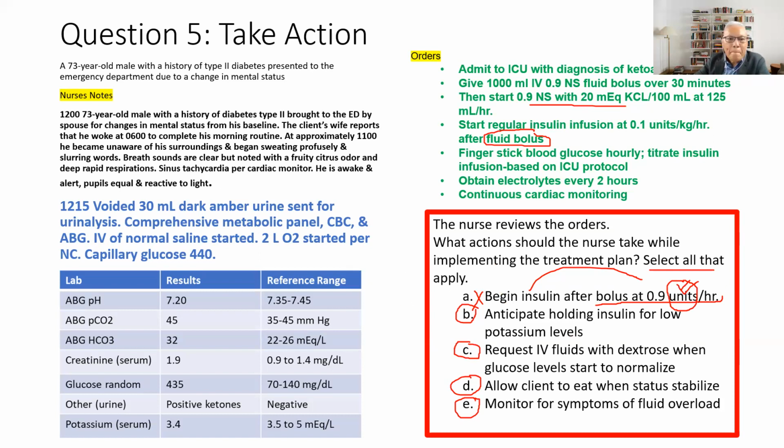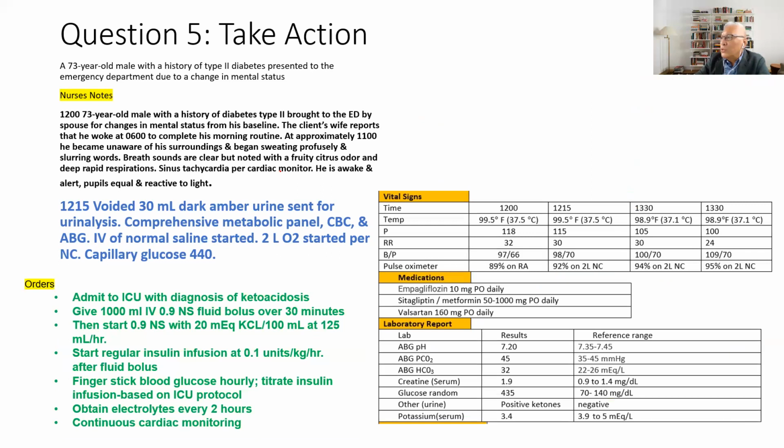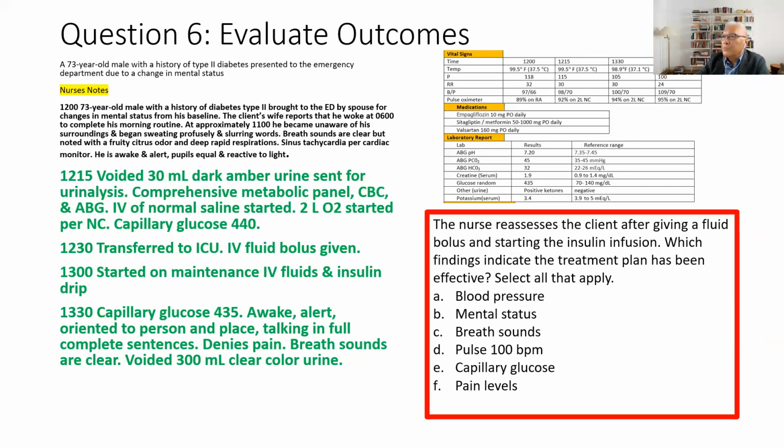Okay. And now let's go to the last question. So we now have the vital signs over here and the laboratory report. The nurse reassesses the client after giving a fluid bolus and starting the insulin infusion, which findings indicate the treatment plan has been effective?